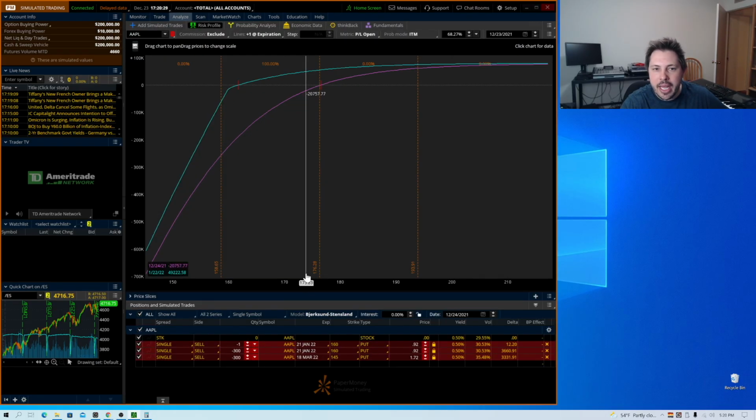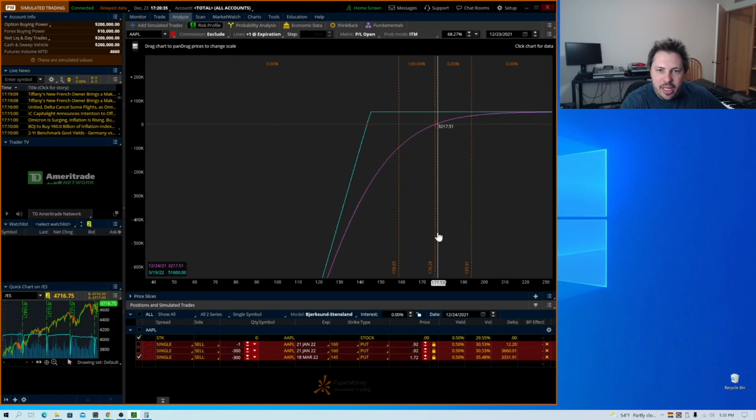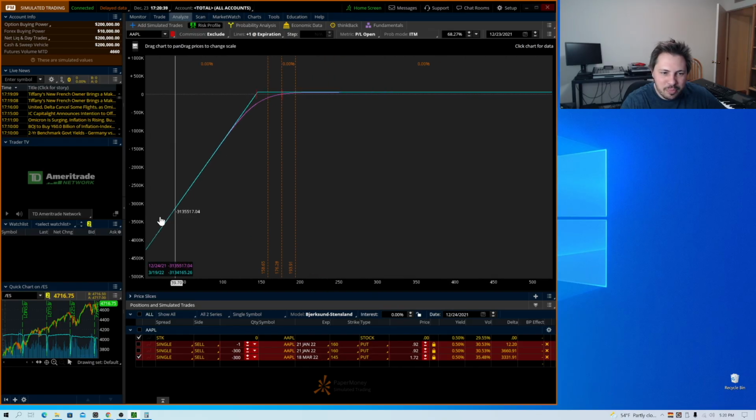So again, we can analyze this trade and we'll take these off. And again, the put always looks the same, right? We have our max loss here. Obviously, if Apple stays above 145, we will keep this $51,600.